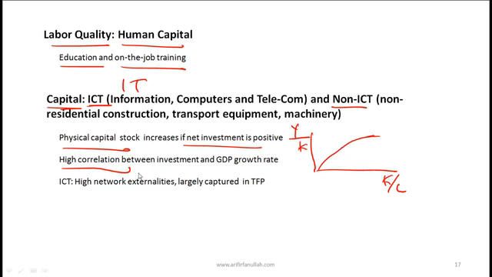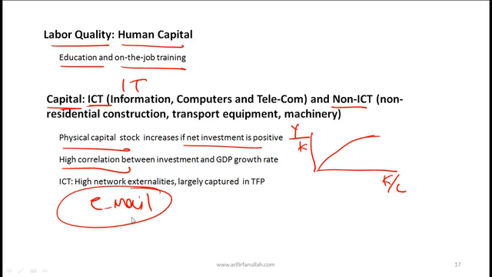In terms of IT or ICT capital, we have seen that this ICT has a very high network externalities effect. The curriculum gives an example of email, where this is an IT oriented tool that has substantially improved the productivity of people.